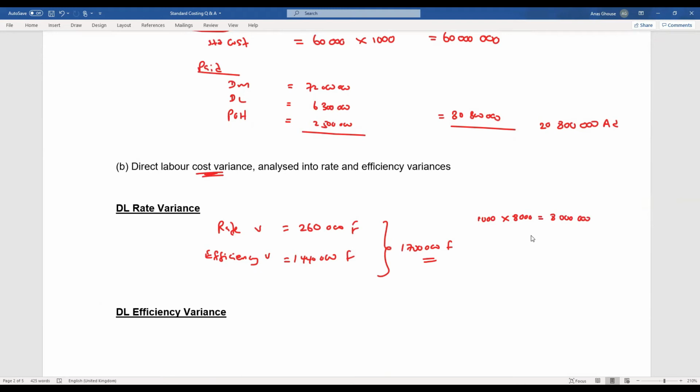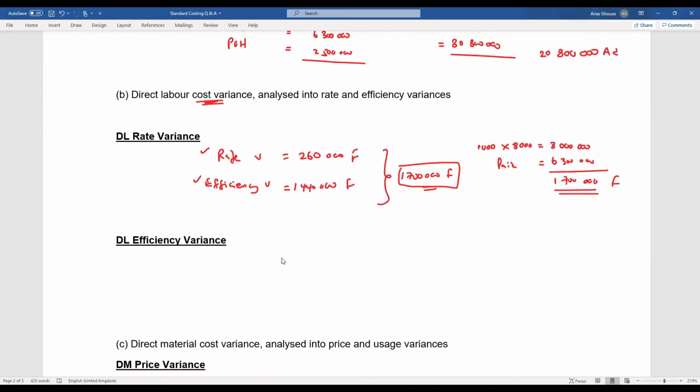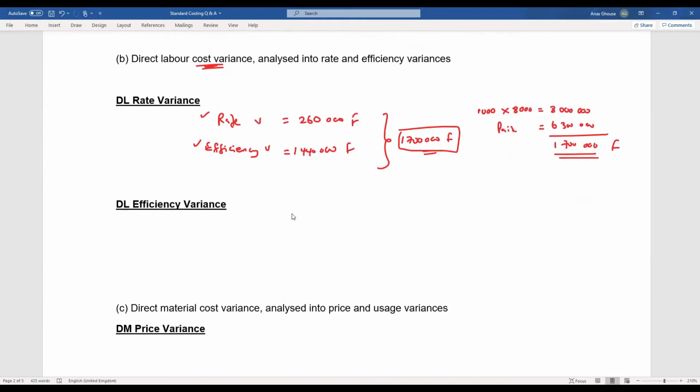We have paid in total 6.3 million. Therefore the total variance will be 1.7 million favorable. So this is how we calculated. This consists of the rate variance and the efficiency variance. Those are the two variances.